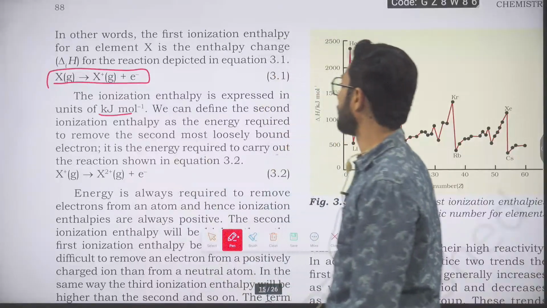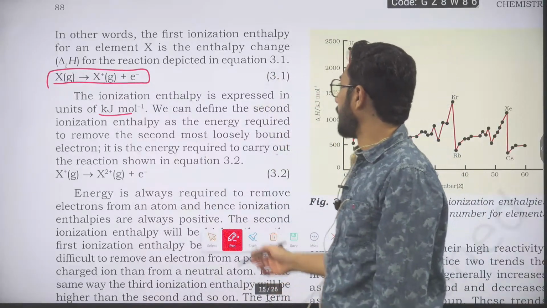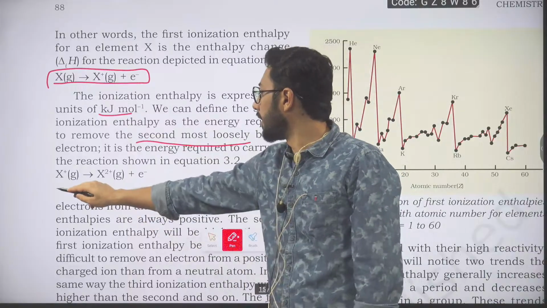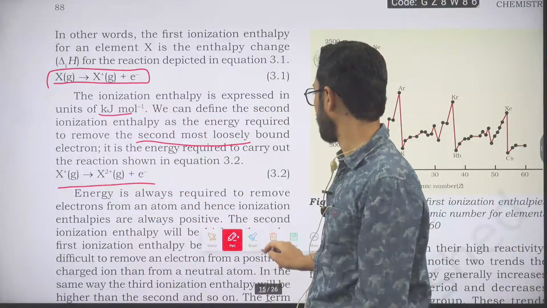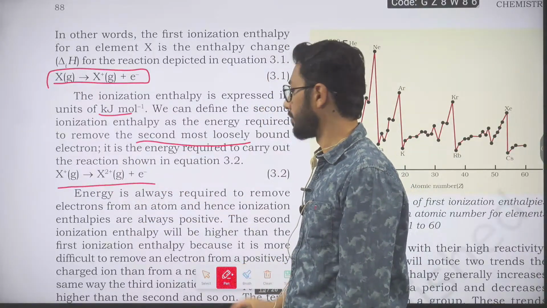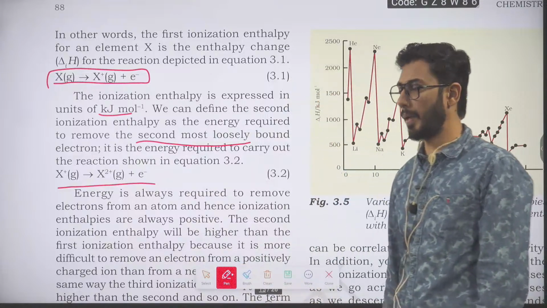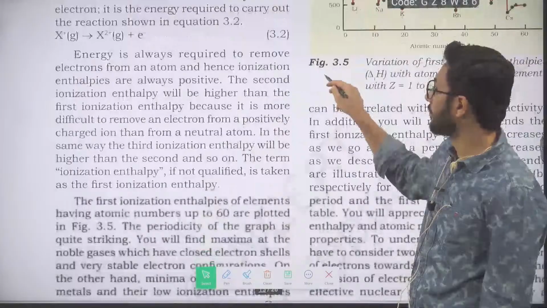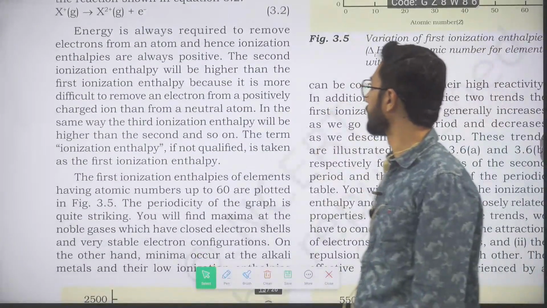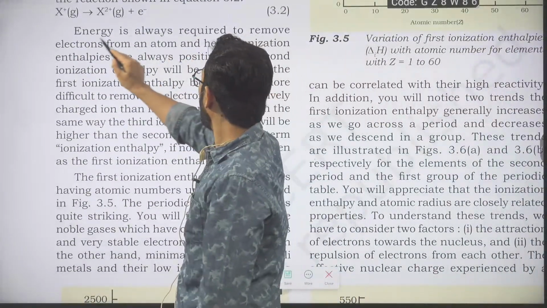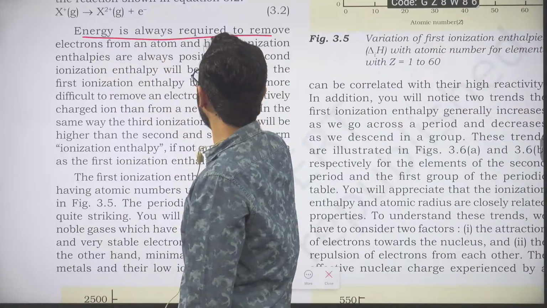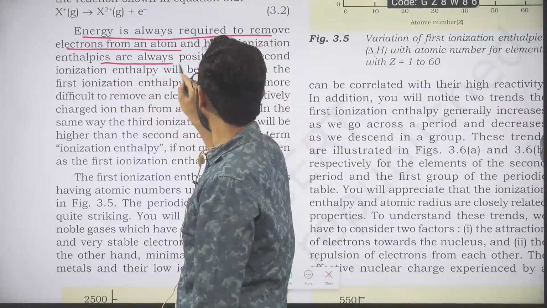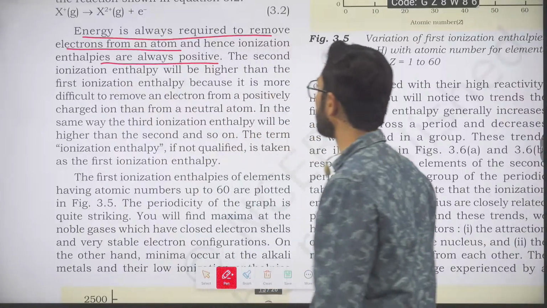Units given. Other term given, second ionization energy, it is a representation. Clear? Getting it parallelly? You can mark these lines also. Energy is always required to remove electrons from an atom. Hence, IE always positive.